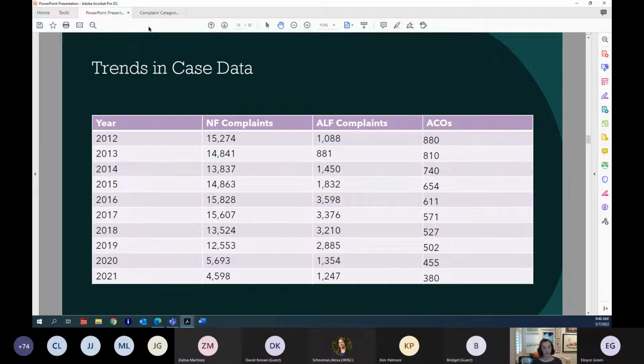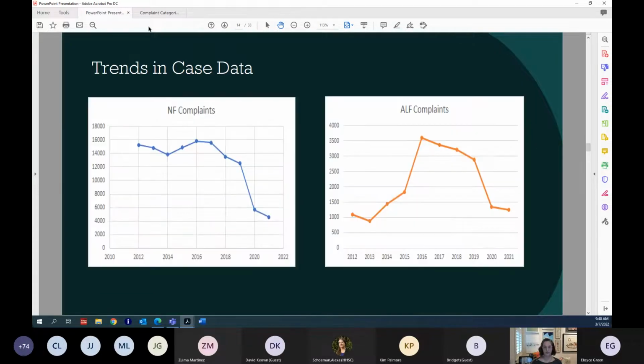So it's a little hard to measure these things in the last several years because those complaint numbers are so low. But to see them be 25% of all complaints when there are about half as many assisted living residents as there are nursing facility residents, you might expect to see more of a comparison of 2 to 1. And here we have more like 4 to 1 in terms of nursing facility to assisted living facility residents.